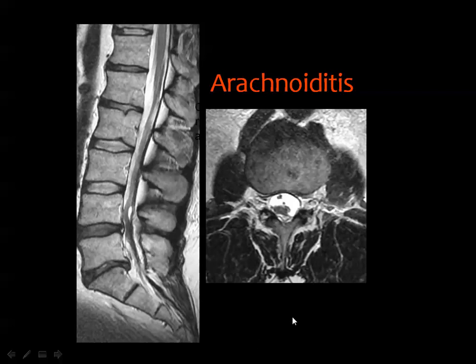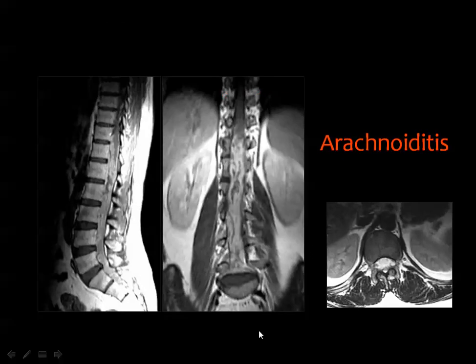But in the axial image, it is easy to see the nerve roots that are clumped together or adherent together inside the thecal sac, forming what is known as the pseudocord sign.